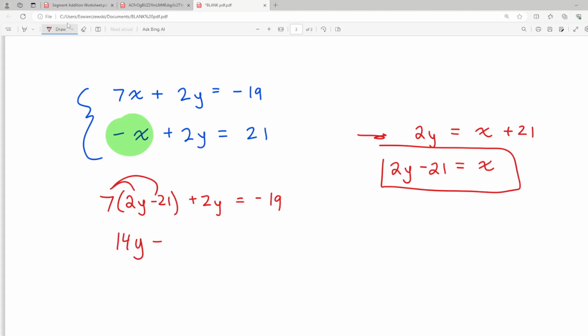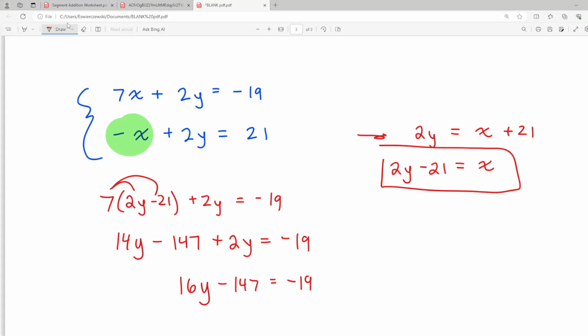So 14y minus, don't be afraid to grab a calculator, but negative 21 times 7 is going to be negative 147 plus 2y equals negative 19. We can combine like terms. 14 and 2 is 16y minus 147 equals negative 19.